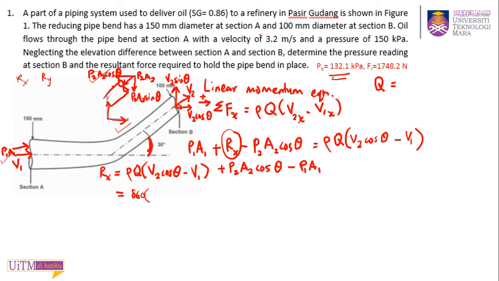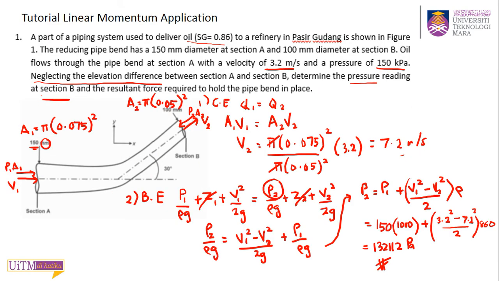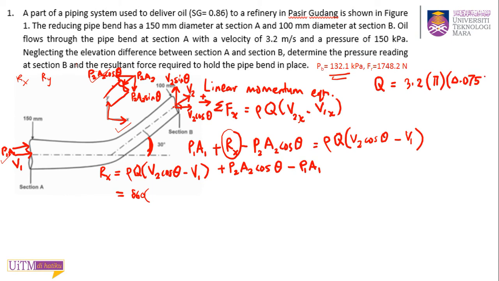AV. Just take another section because they're the same. So if you take V1, 3.2, times A1, A1 is pi times, what was it, I wrote it already, 0.075 squared. This is your Q. What is the value of Q? 3.2 times pi times 0.075 squared is 0.057 cubic meters per second.